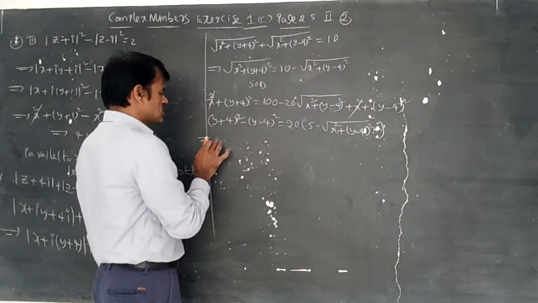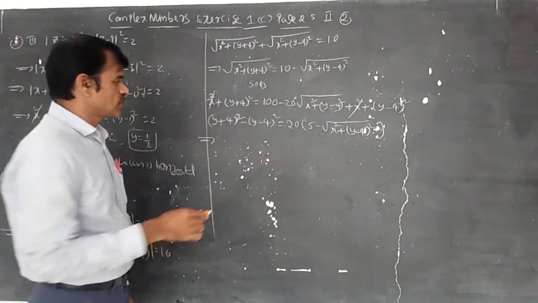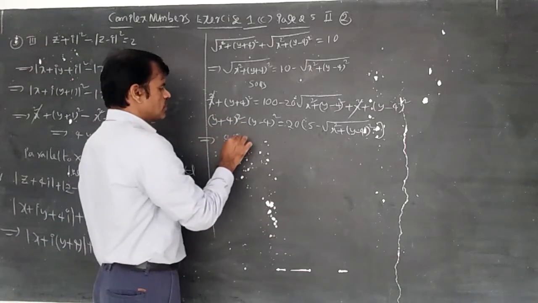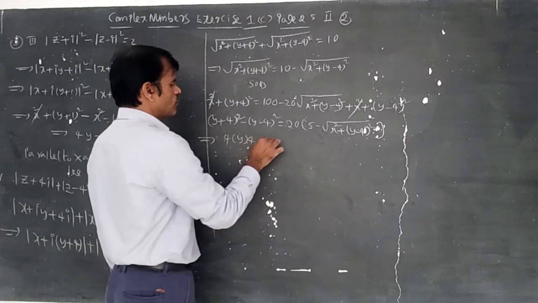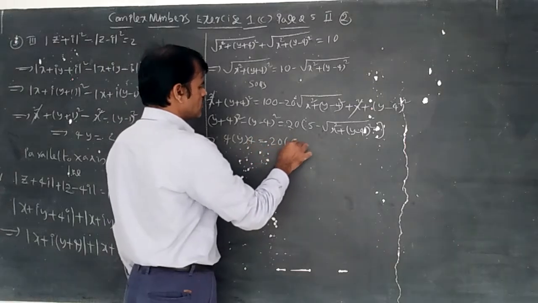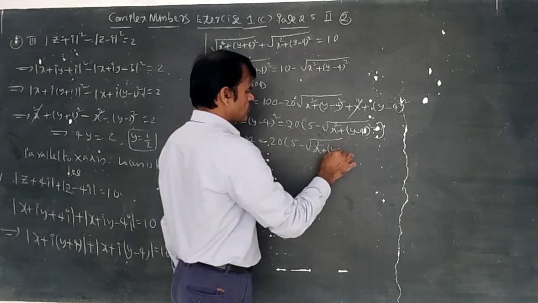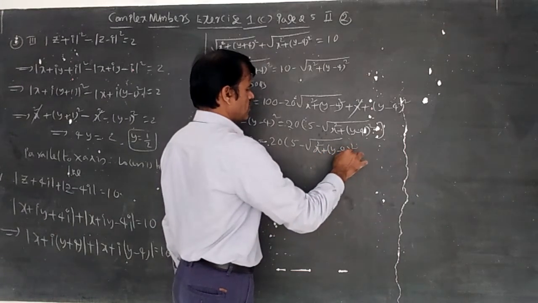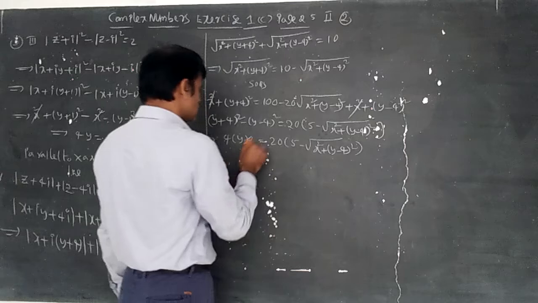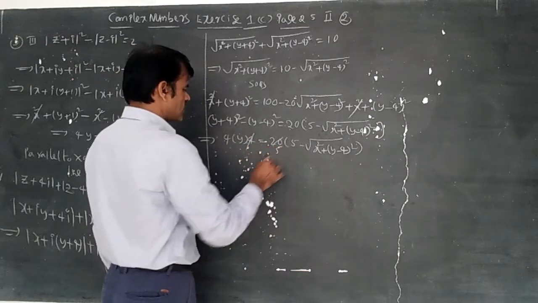This can be written in the form a plus b whole square minus a minus b whole square becomes 4ab. So 4 into y into 4 is equal to 20 into 5 minus root of x square plus y minus 4 whole square. This 4 will divide 5 times.